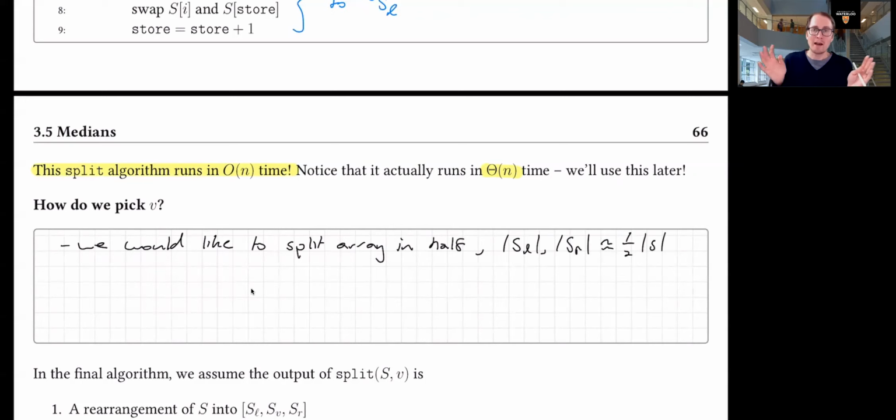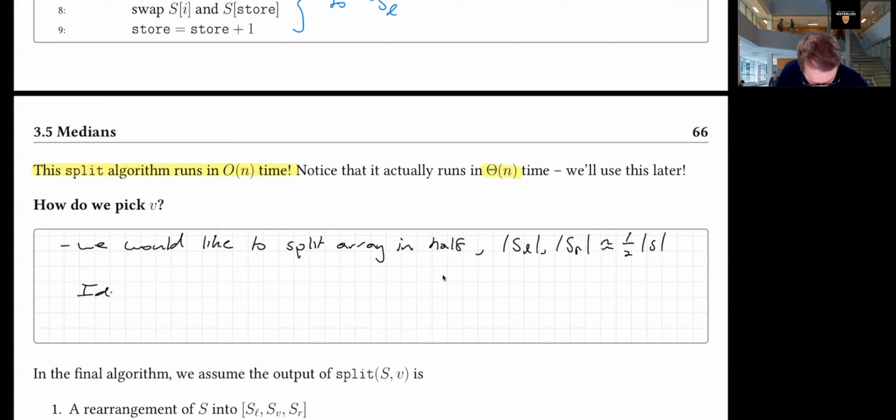The thing is, I'd have to inspect all the elements to know what the midway point is. I'm maybe using this algorithm to solve for the median, so I can't look up the median to find out exactly how to split it in half. The median is the one that does this. So instead, the idea is very simple.